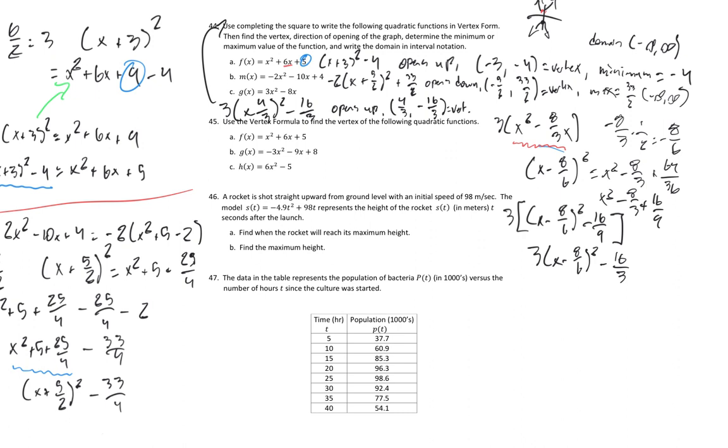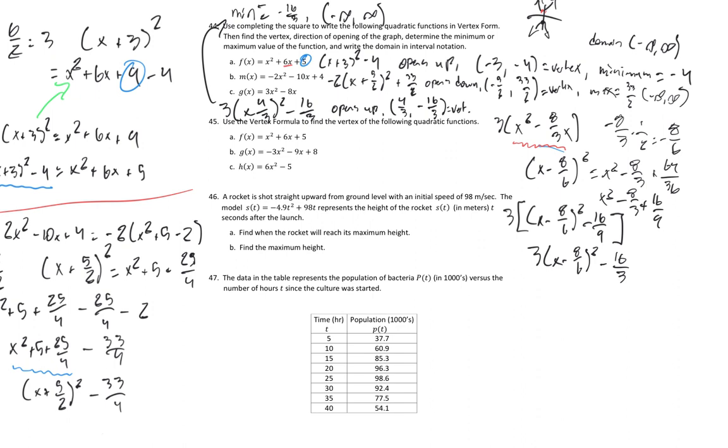Maximum or minimum? Well, it opens up, so it's got to have a minimum. And it would be the function value there, which was negative 16 over 3. Then we want the domain. And domain should again be negative infinity to infinity. Okay.